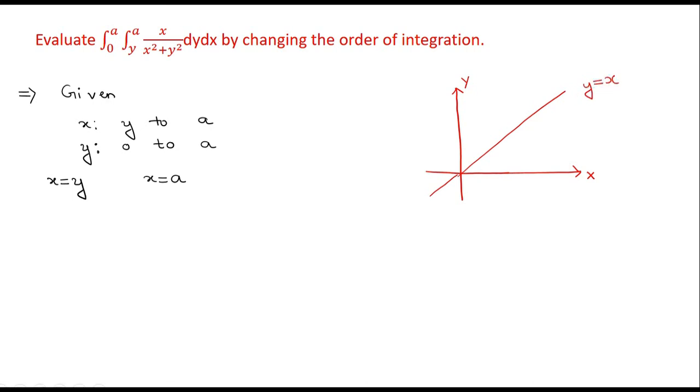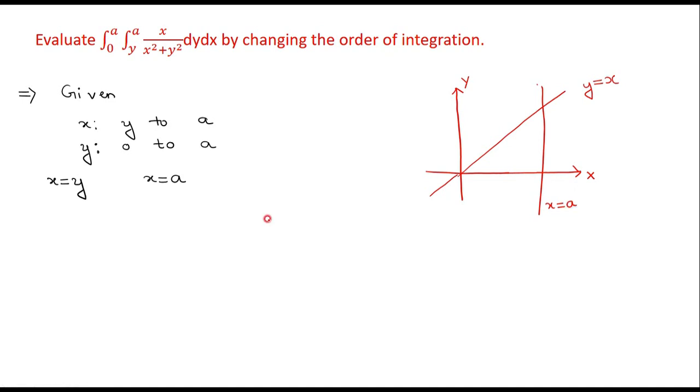Then x is equal to a is a line parallel to the y axis. So this is the line x is equal to a.